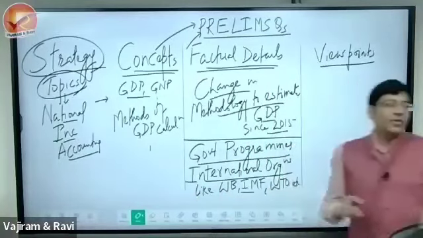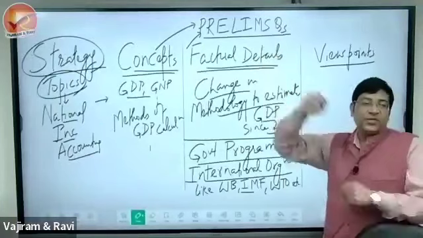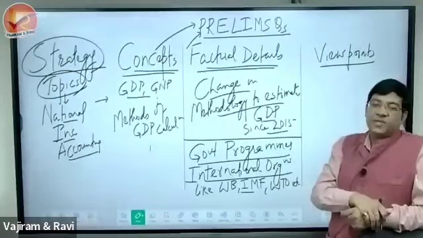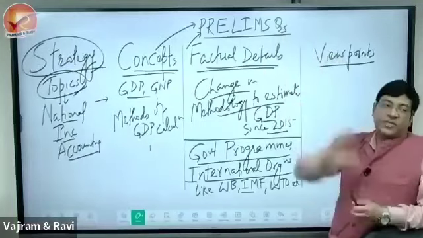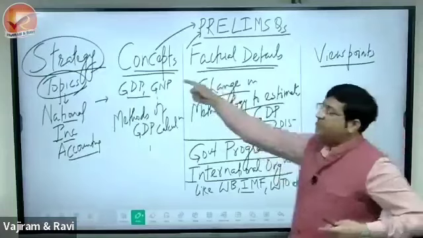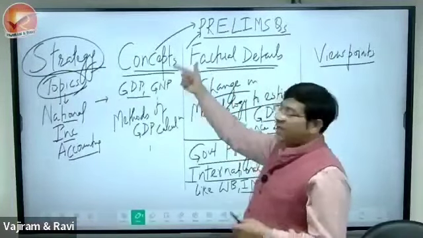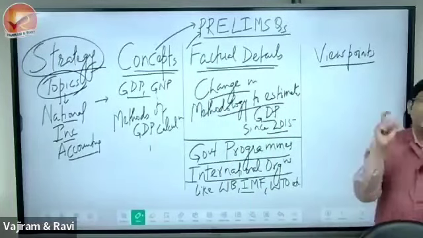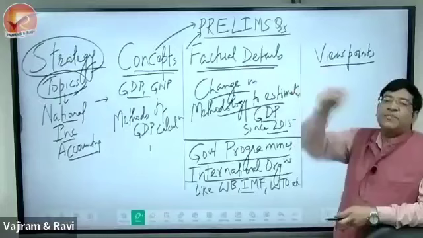I hope you all know that the first stage of this exam is prelims. Multiple choice questions are asked in the prelims exam. If you look overall at the prelims questions in economics, you can divide them into two main types, conceptual or factual.